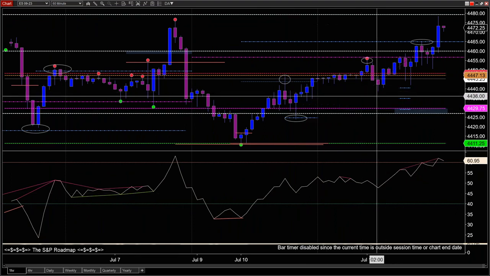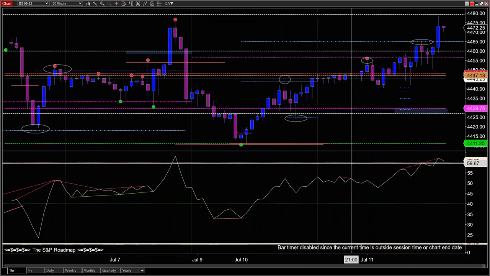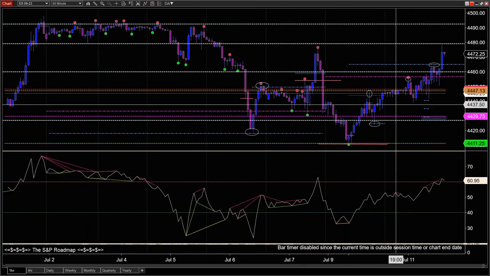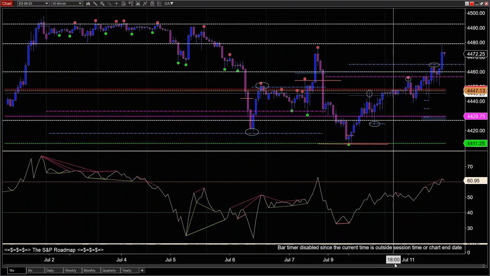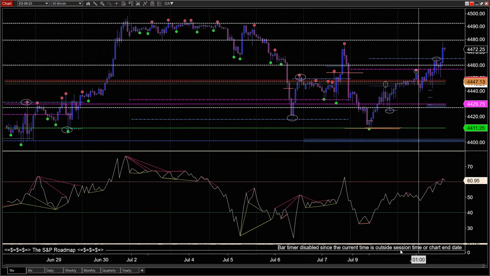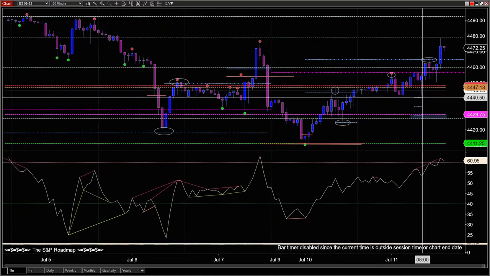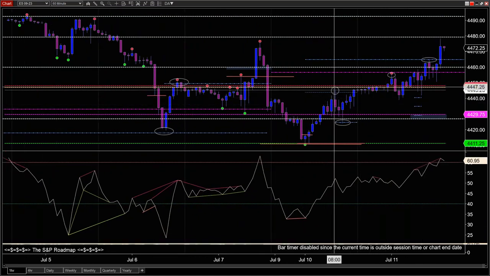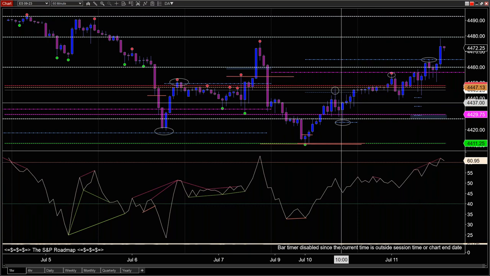Okay, so this is why I like fibs, because they work and they give me low risk areas to find opportunities for trades. Because if they hold these levels, they're typically holding them within a few ticks, a few points, and turning.